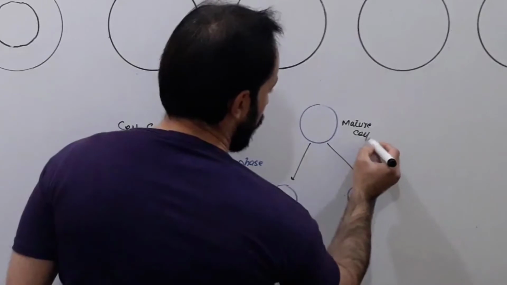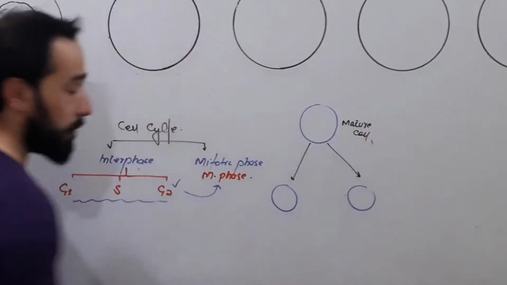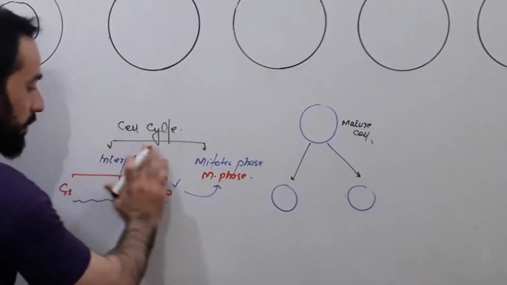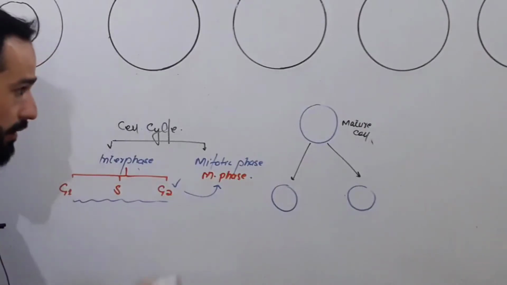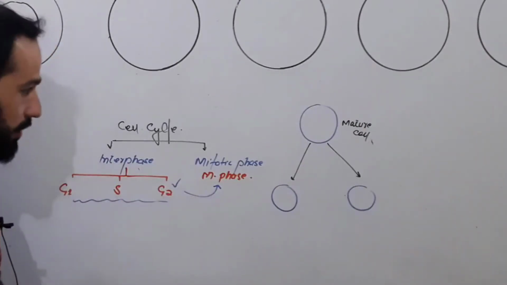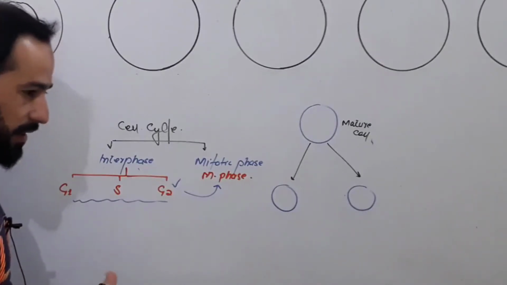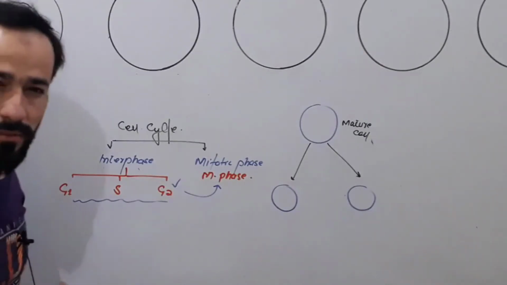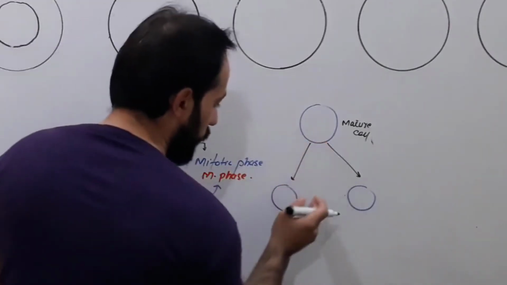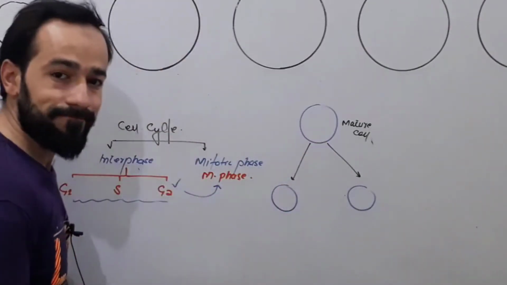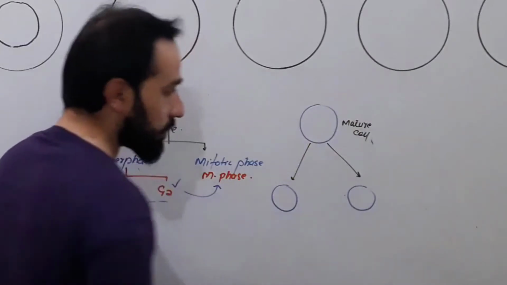By mature cell we mean that it has done its interphase and has become mature. It has doubled its DNA. It has replicated every cell organelle and the DNA, everything. Now this cell is going to make two more cells. So this process is called cell division.